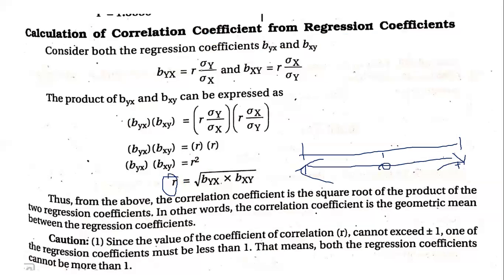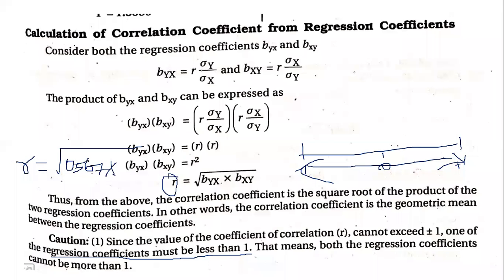Since the R value should be between plus and minus 1, one of the regression coefficients must be less than 1. If both are less than 1, good. But at least one of them should be less than 1.